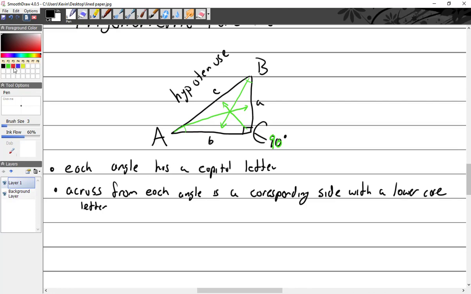So again, when I'm referencing A, standing here at A, B is what? Is it the adjacent? It's not the hypotenuse. Okay, if I'm standing here, B is adjacent. A is opposite. C is hypotenuse.